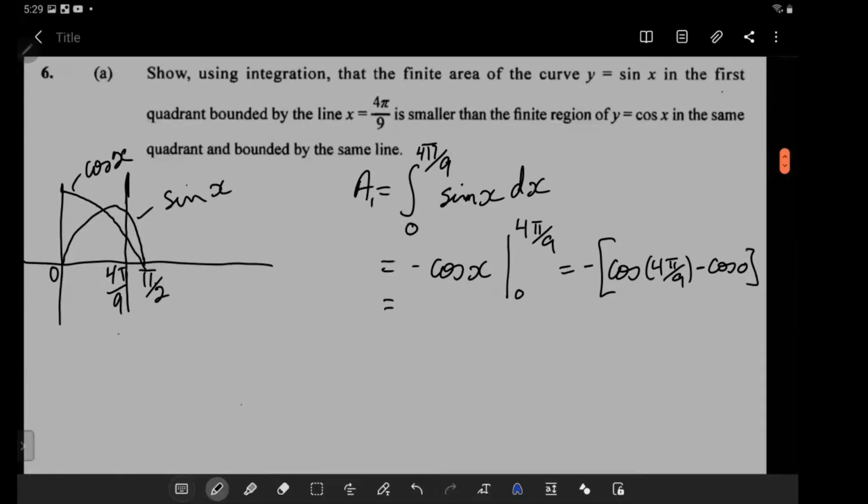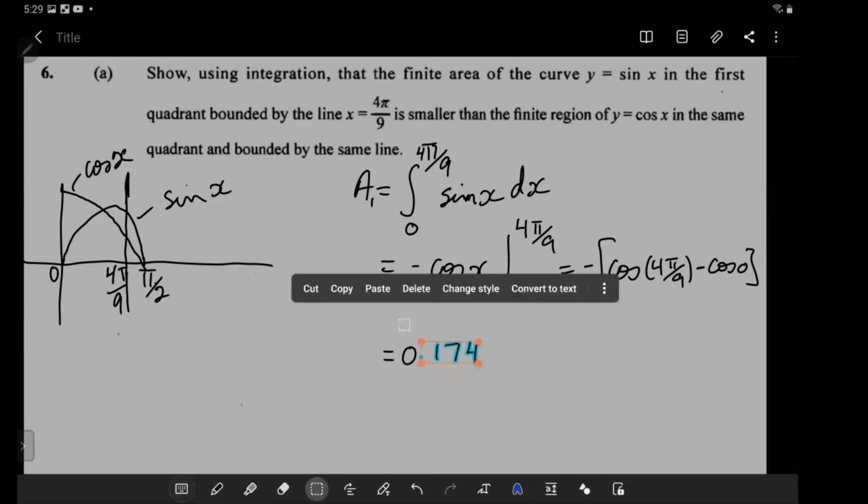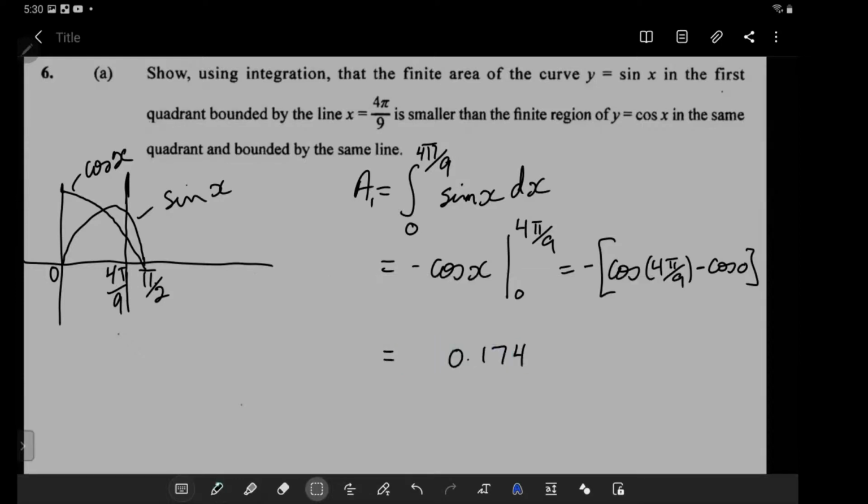And what do we get? We get cosine of 4 pi over 9 is approximately, we can just use a quick approximation, 0.174. So don't forget the negative all the way out in front. So we have negative, open brackets, 0.174 minus, and cosine of 0 is 1.